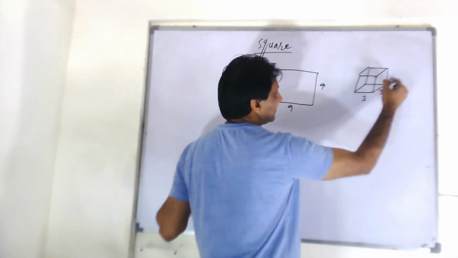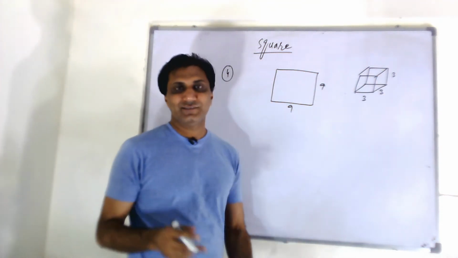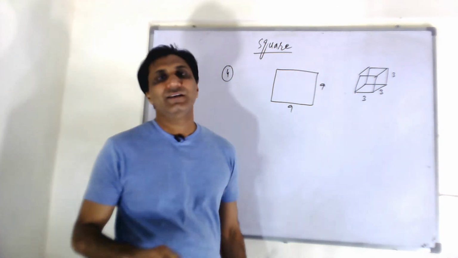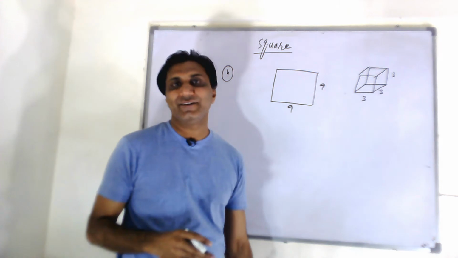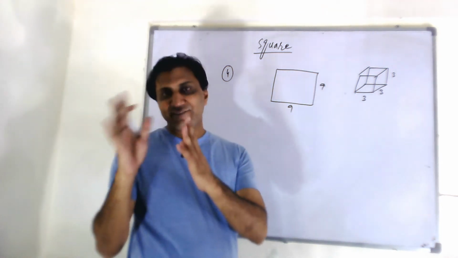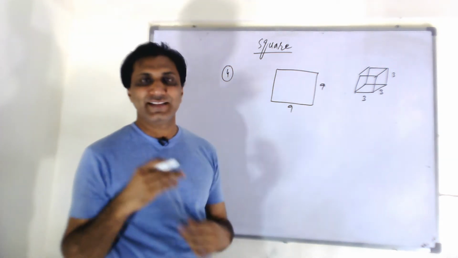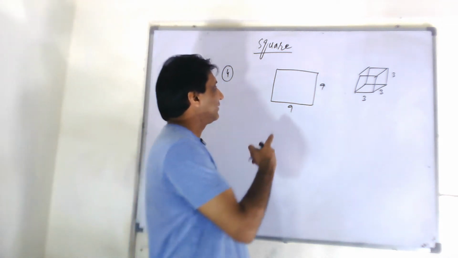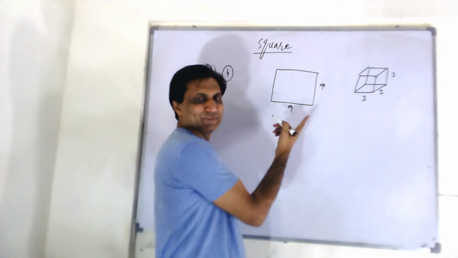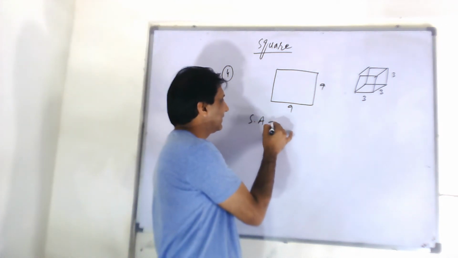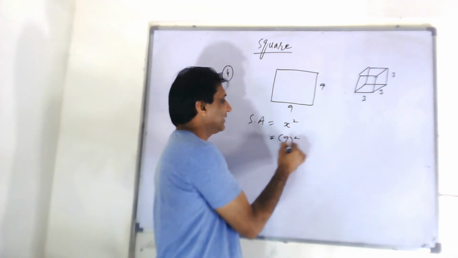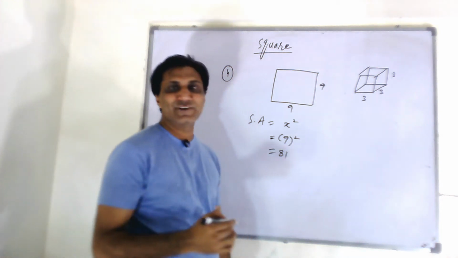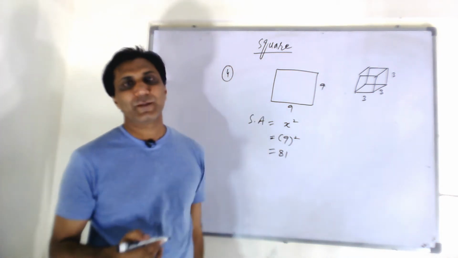The cube has edge and the square has side. Cube side will be that face, actually that's why they call it edge. So the surface area of a square is simple area, that is x square. So 9 square is equal to 81, the surface area of this square.